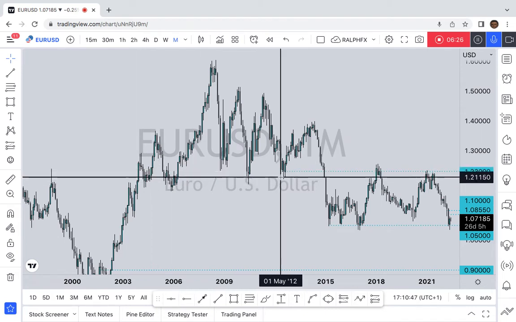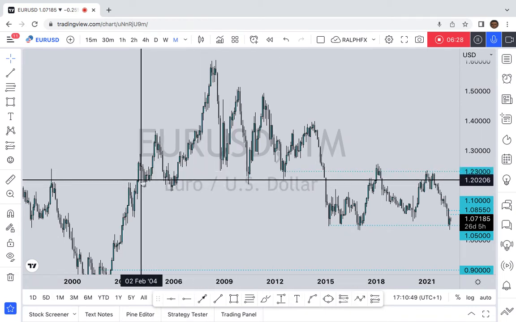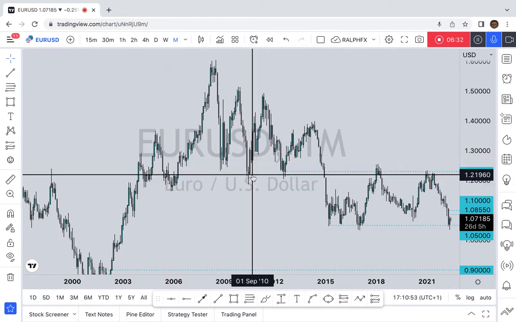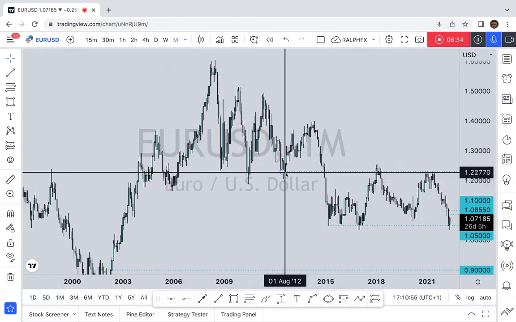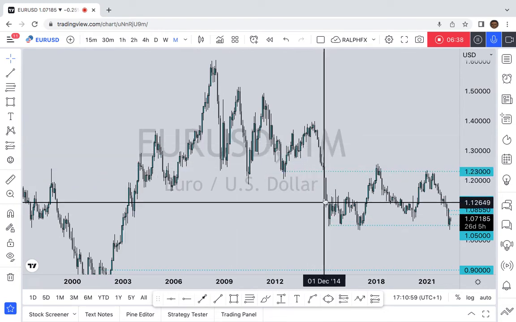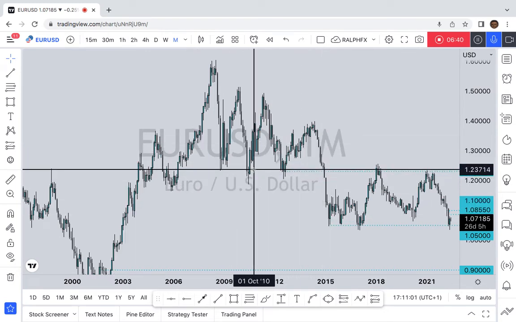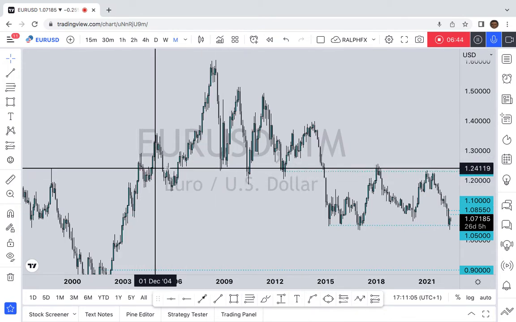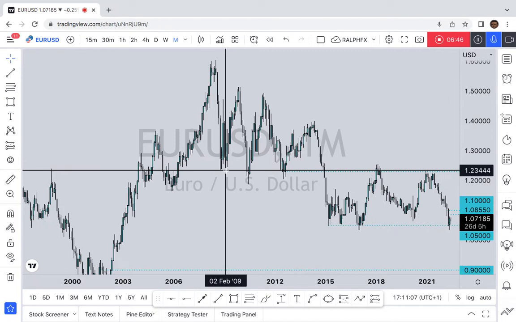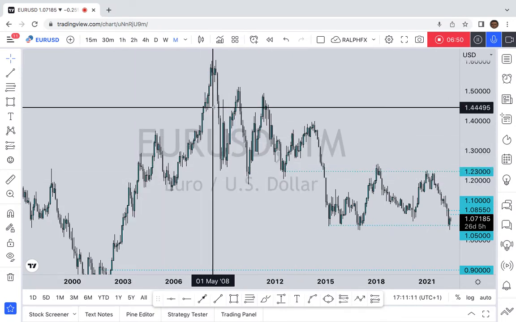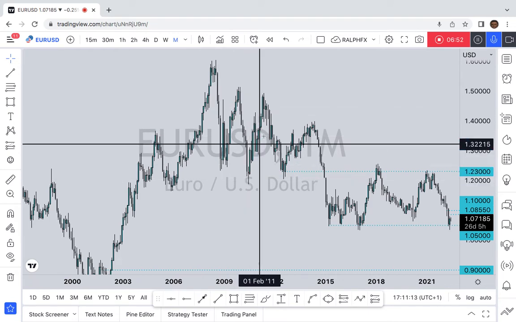In 10 years of trading, we saw price coming to this level one, two, three, four, five times before it was broken 10 years later. That means in the 10-year trading period, price visited this level five times, and those five times provided good long trades.